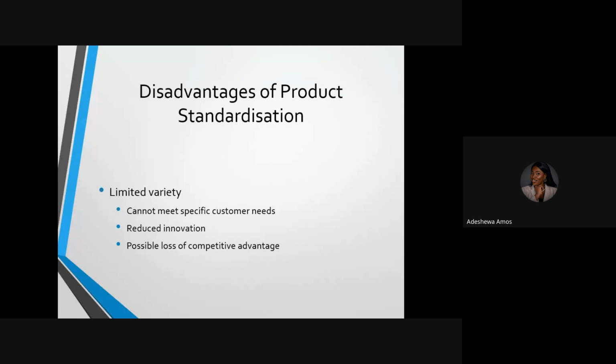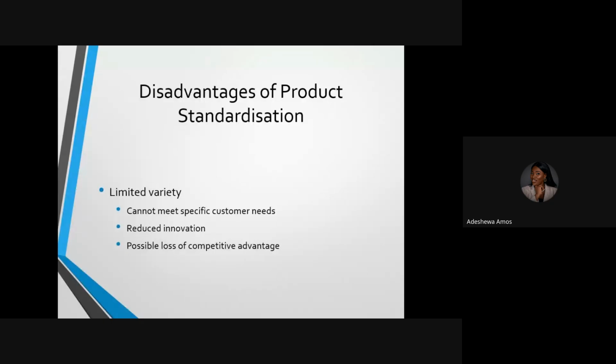Reduced innovation. You keep producing the same product the same way over and over again without trying to bring something new on board. Meanwhile, somebody that is not involved in standardization can produce a product differently. Just like when you go to the carpenter's shop, you can get table A today.